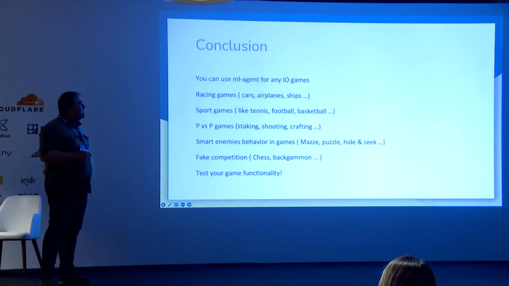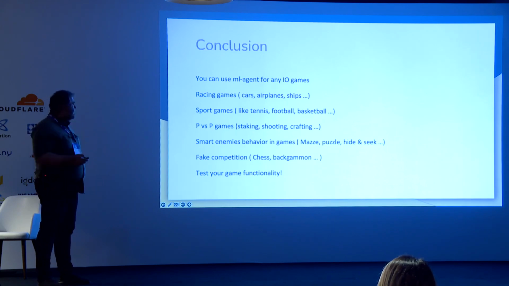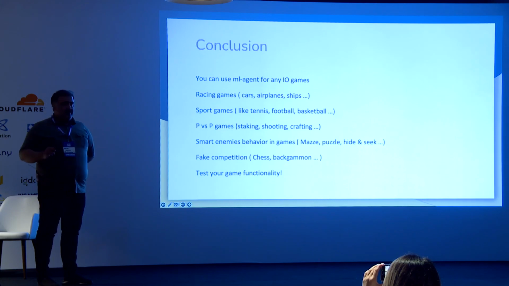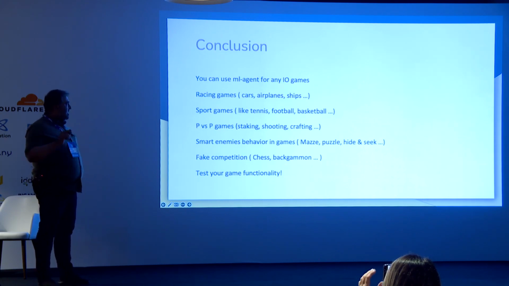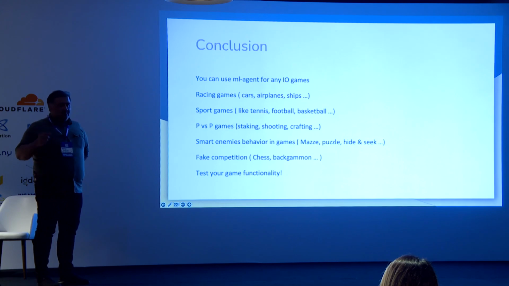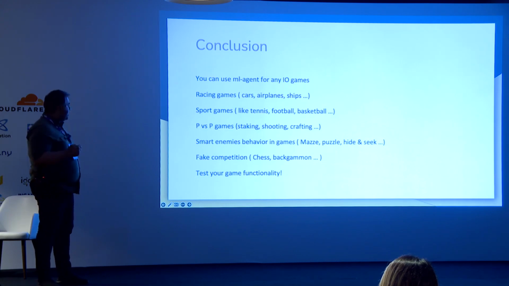This is our experience using ML agent. We suggest that you can use ML agent for any IO games if you have to publish your game and you are in the hyper casual field. You can implement it easily for any racing game like cars, airplane, or ship racing games.